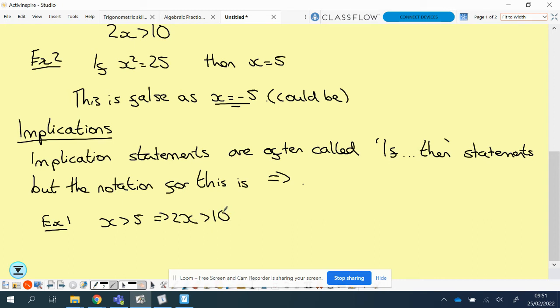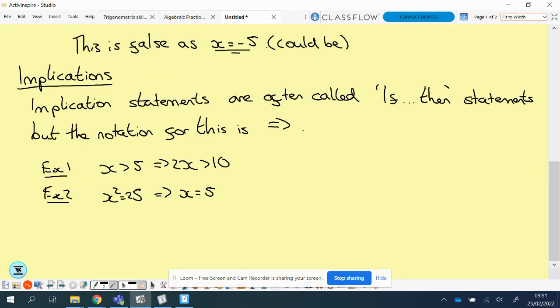They're asking us, does that imply that that happens? The second one would have looked like: if x squared is 25, therefore x is 5. Does that make sense? We'll use that notation a lot more going forward.